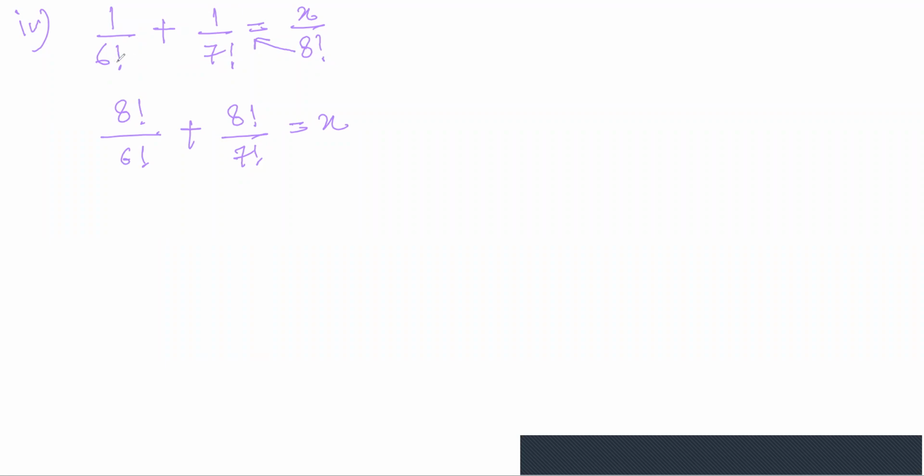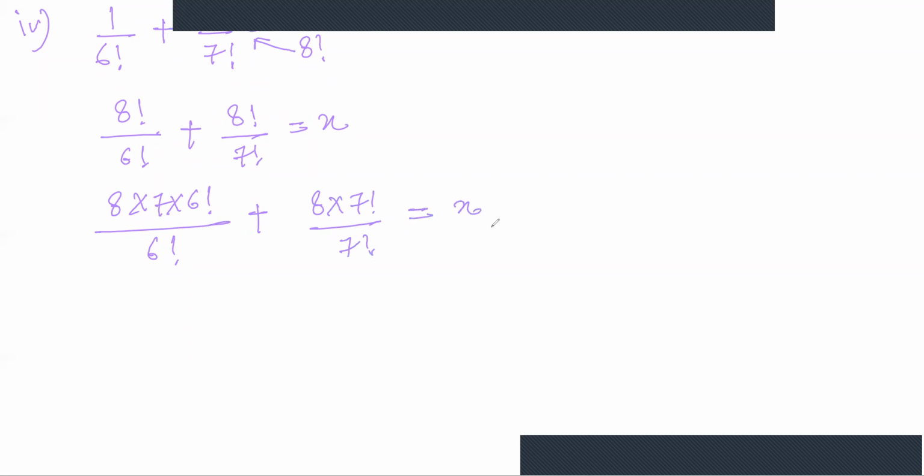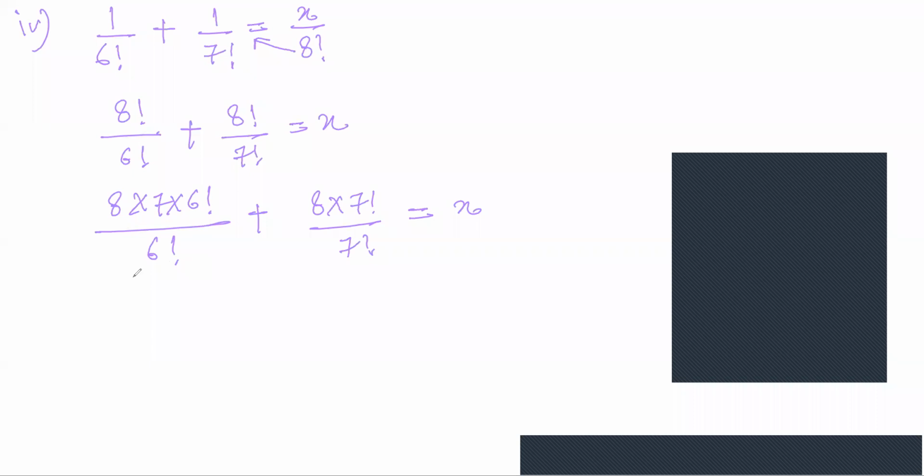So this will become 8 factorial upon 6 factorial, and this will become 8 factorial upon 7 factorial, is equal to x. Now 8 factorial upon 6 factorial can be easily solved as 8 into 7 into 6 factorial divided by 6 factorial, plus 8 into 7 factorial upon 7 factorial. See how conveniently we can break factorials in sync with whatever we are given. So this will become 56 only.